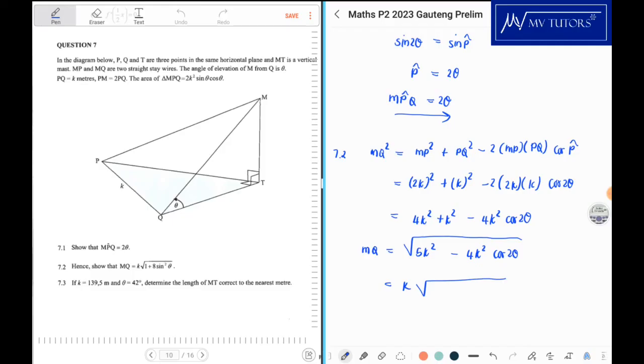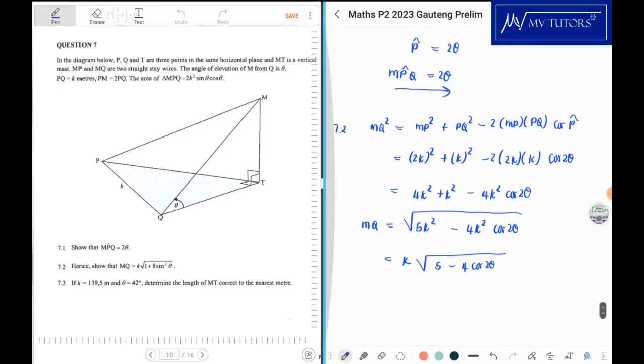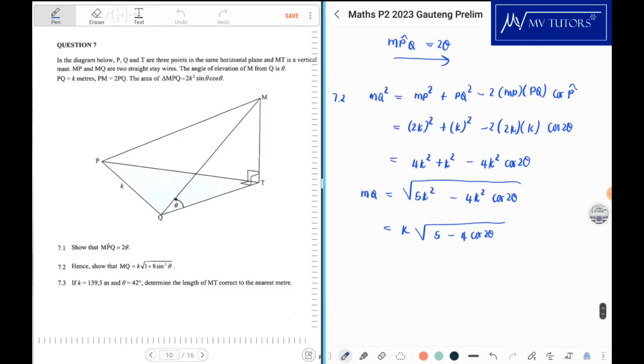Okay, and then I have 5 minus 4 cos 2 theta. All right, this is not looking at the moment like it should.